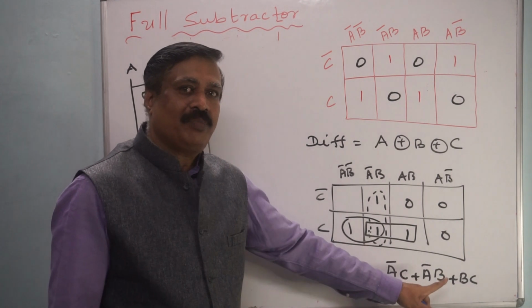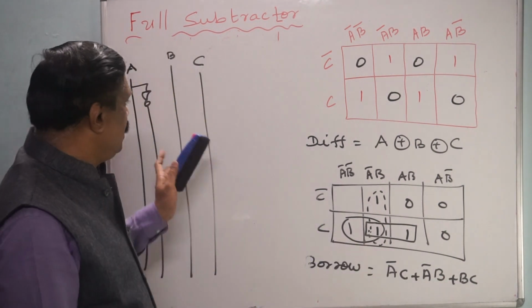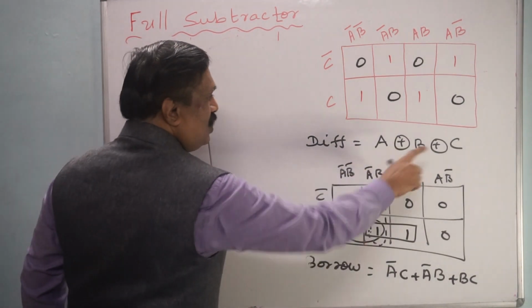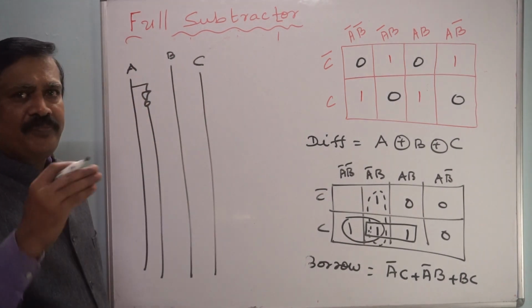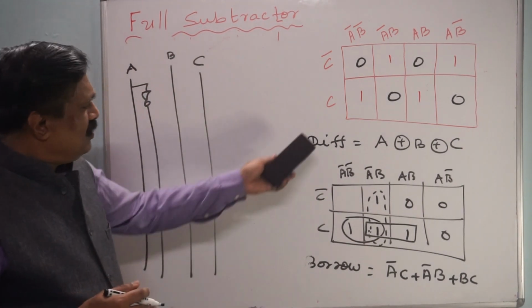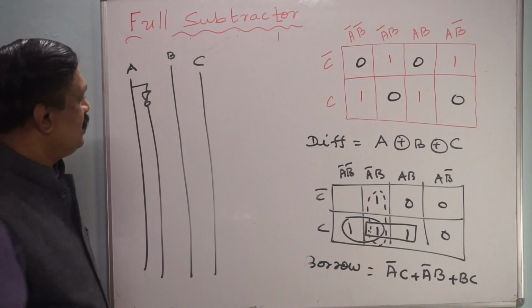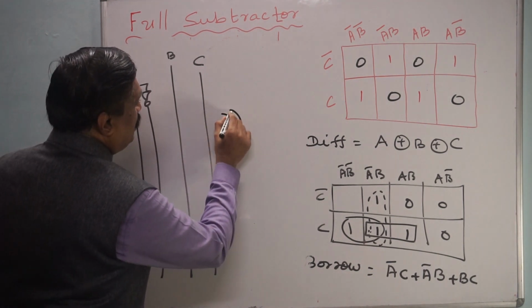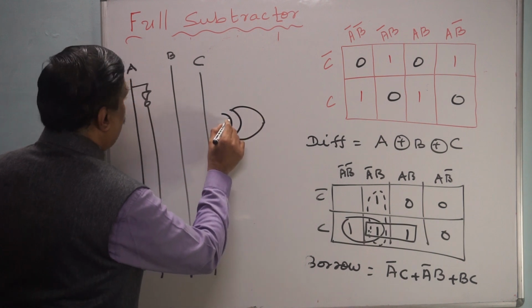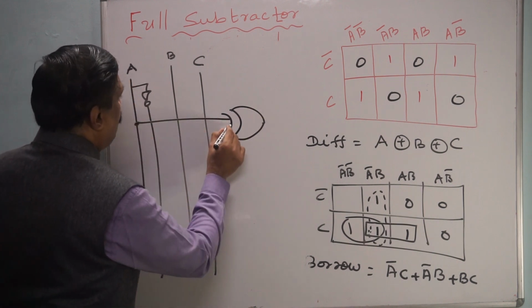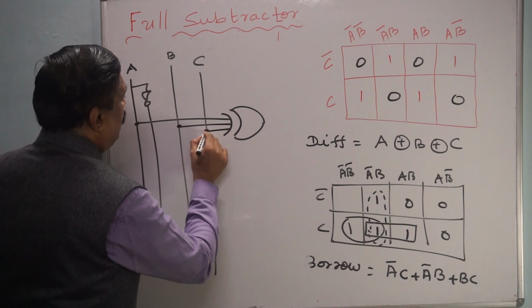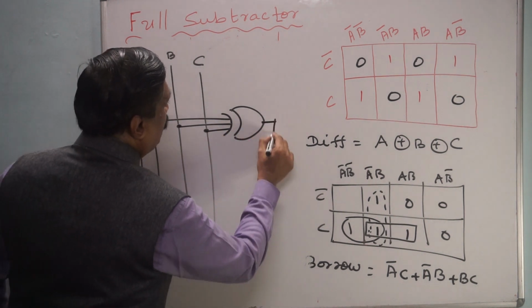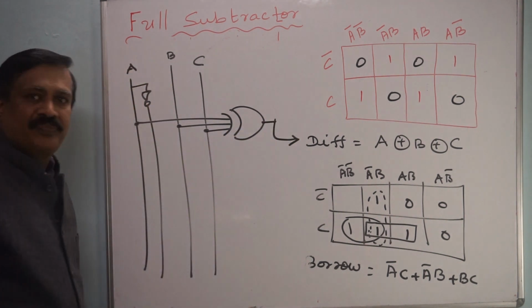There is no B complement, no C complement, therefore no need. Here you can go for an XOR gate. Instead of basic gates, you simply go for a 3-input XOR gate: A XOR B XOR C. This is your difference.